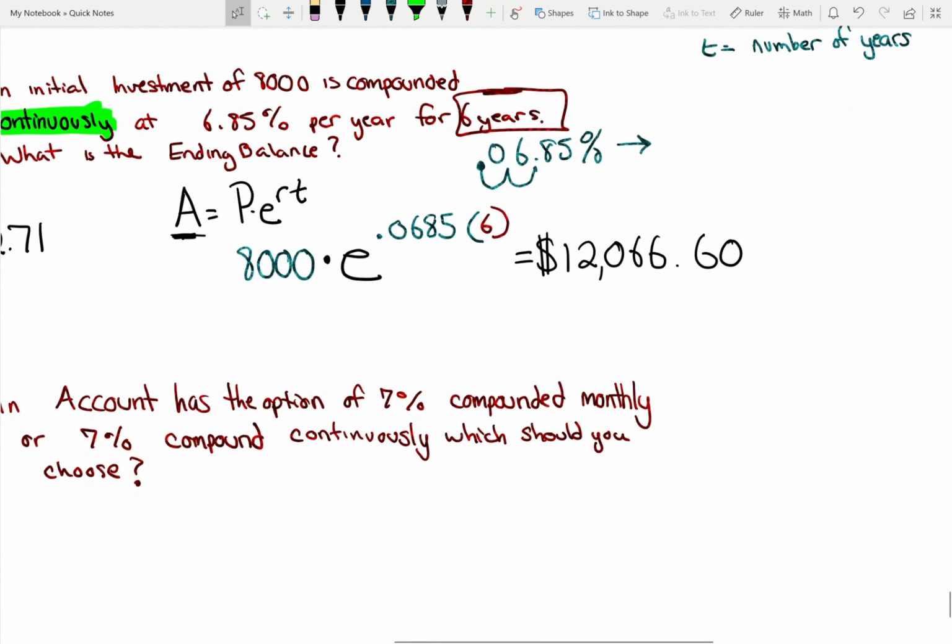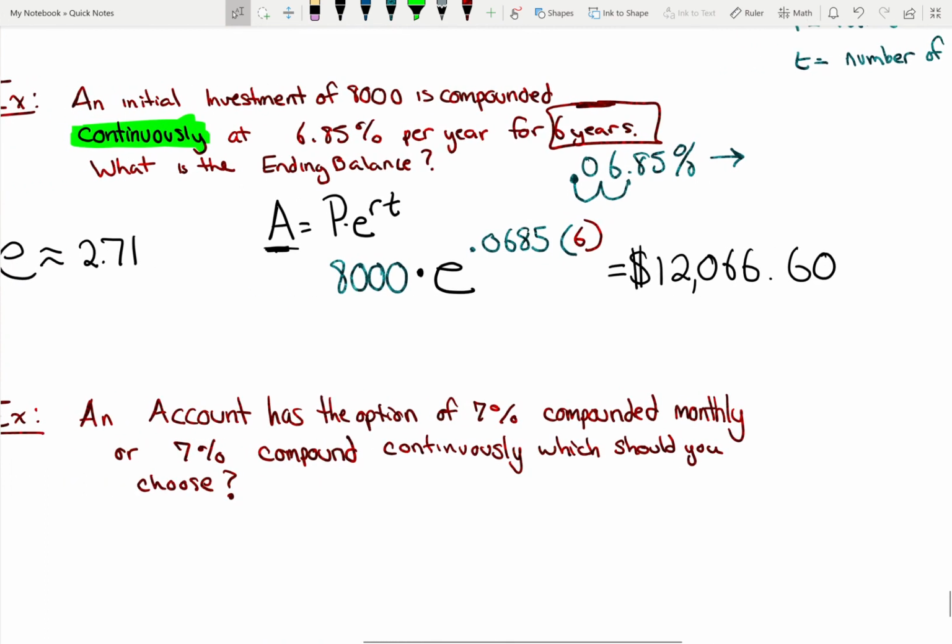All right, let's do our last example for this lesson. An account has the option of having a 7% interest rate compounded monthly or 7% compounded continuously. So a bank is offering you one of these two options. The awesome part about this section is that this is one of the few times in this class that we're addressing real life problems.